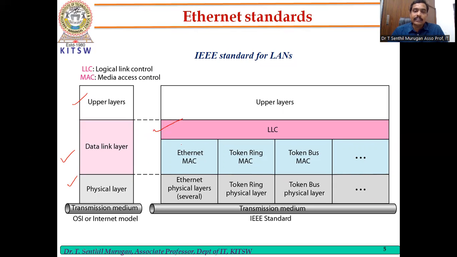The data link layer is split into the link layer control, which we discussed in the previous slide, the LLC layer, and the MAC layer, media access control. In media access, there are the Ethernet topology, token ring topology, and token bus topology, but the link layer is only for flow control. This one is for access control.